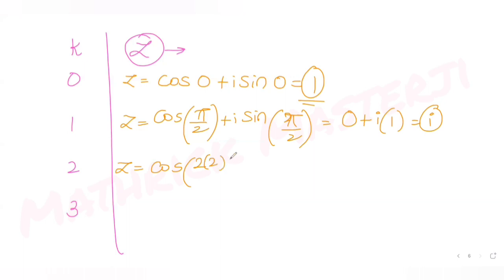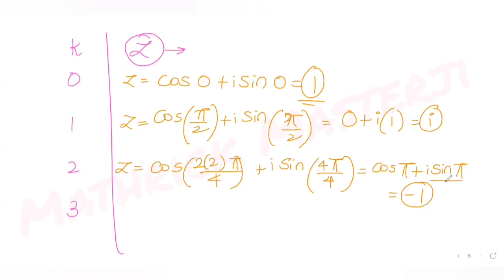So 2 into 2 pi divided by 4 plus I sine 2 into 2 pi divided by 4. So from here I get cos pi plus I sine pi. So cos pi is minus 1 and sine pi is 0. So this becomes minus 1 plus 0, which is minus 1.